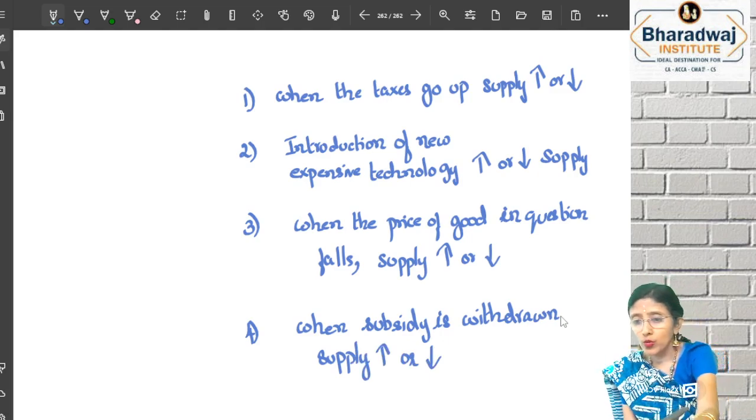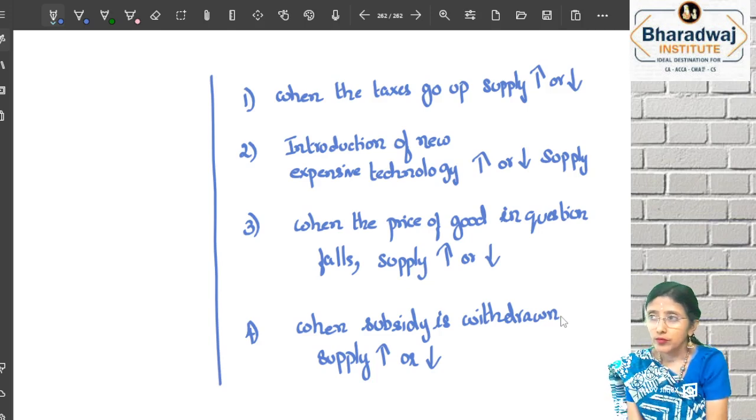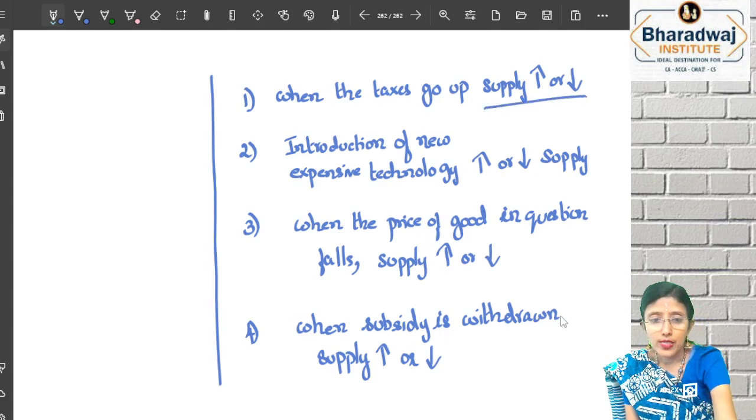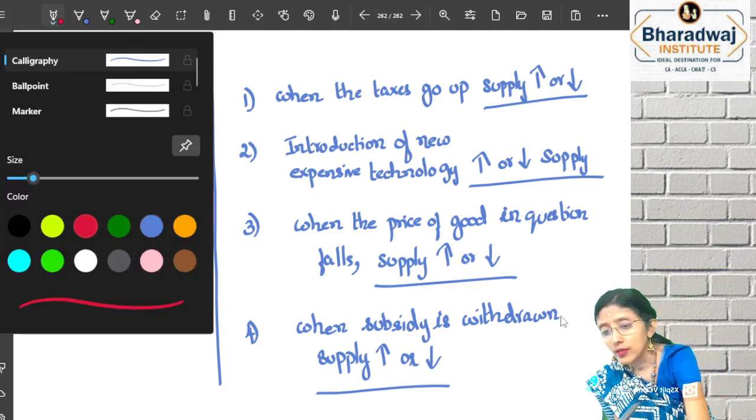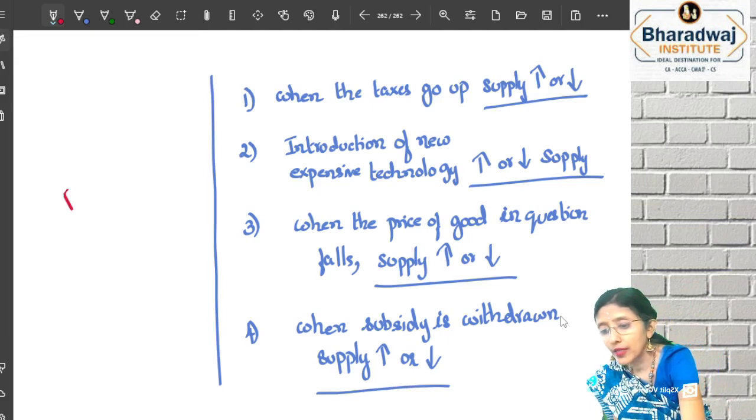To answer these four, like a rapid fire round. Supply increases or decreases, everywhere the same question, but the factors are different. So this is factors determining supply.